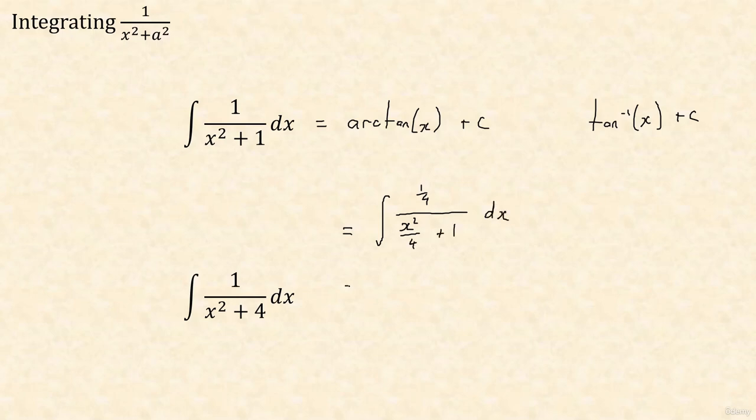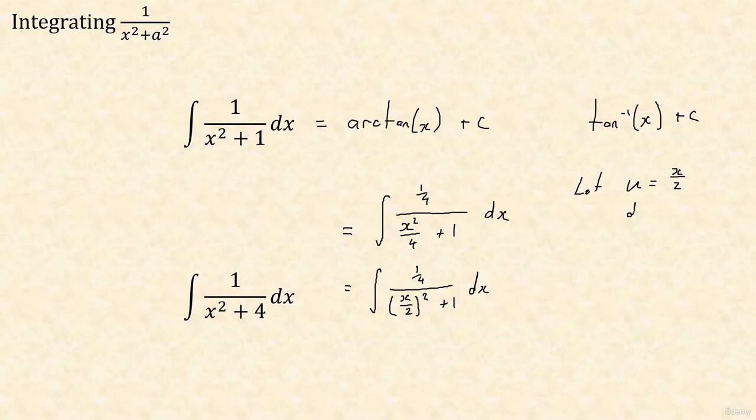And now I'm going to rewrite the x squared over 4 as x over 2 all squared. Next, I'm going to do a substitution. My substitution is going to be to let u equal x over 2.